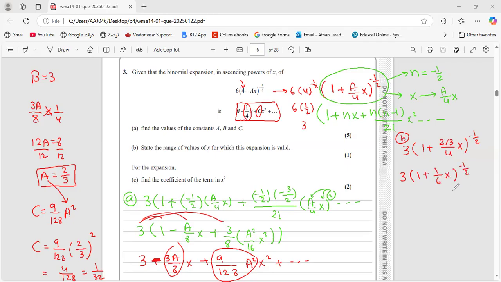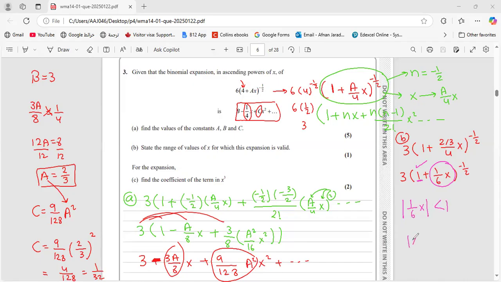To find the range of values of x for which this expansion is valid, you need to take just this term. Check that the first term is 1. Then take the absolute value of 1 over 6 x is less than 1.